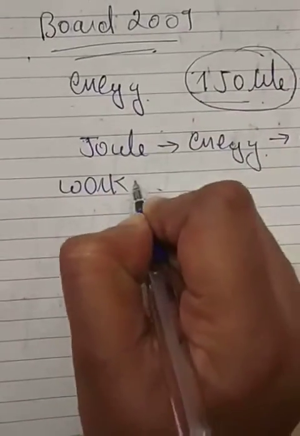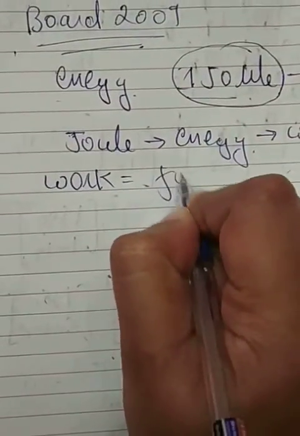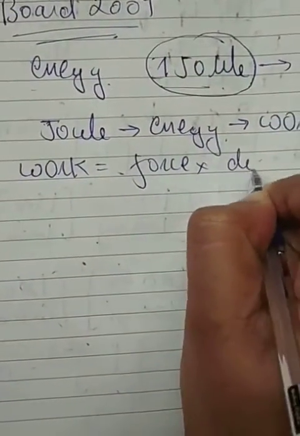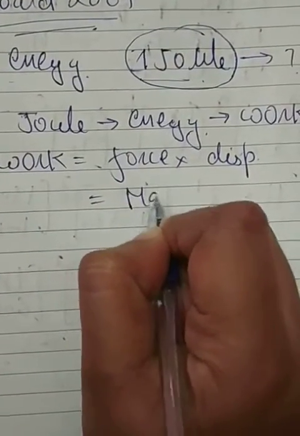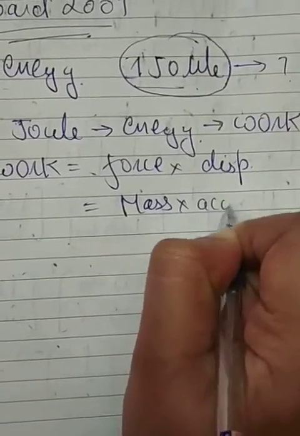Work is equal to force into displacement. Force is equal to mass into acceleration.